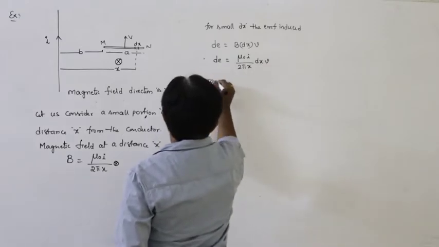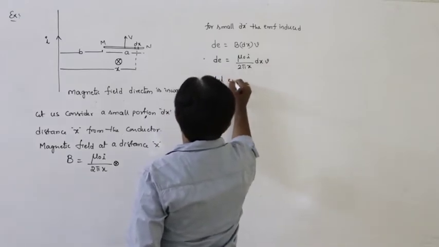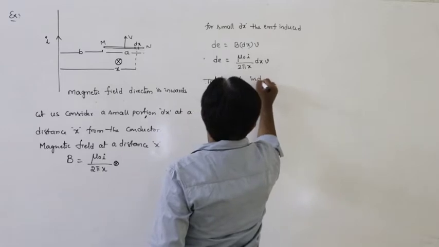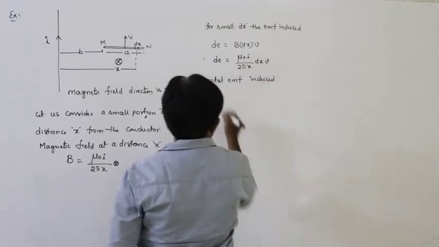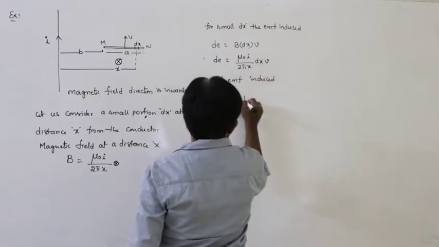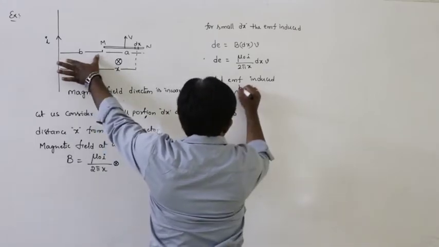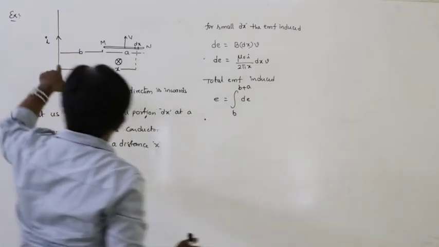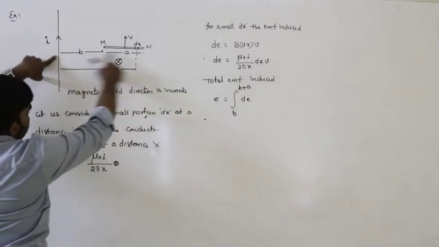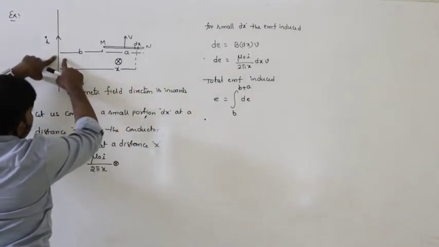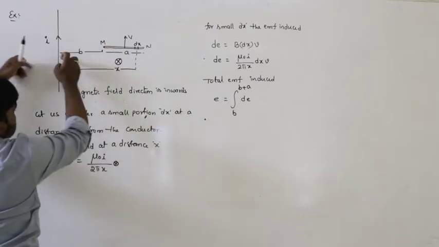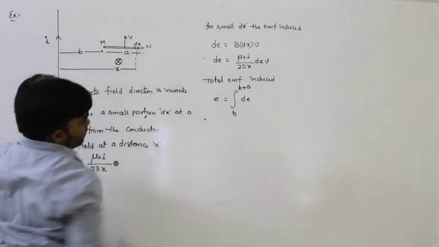So the total EMF induced: E is equals to integral of dE. The magnetic field region varies from b to b plus a.